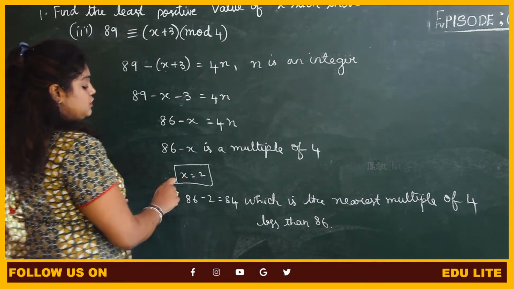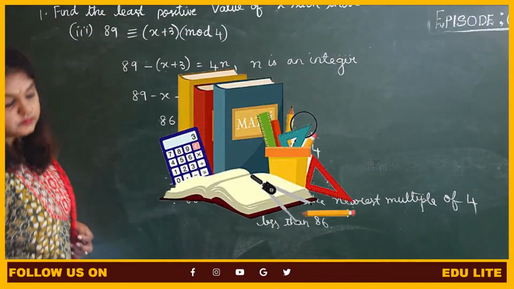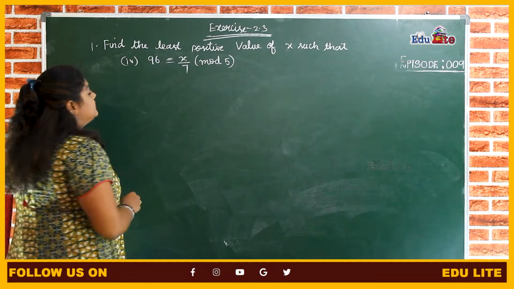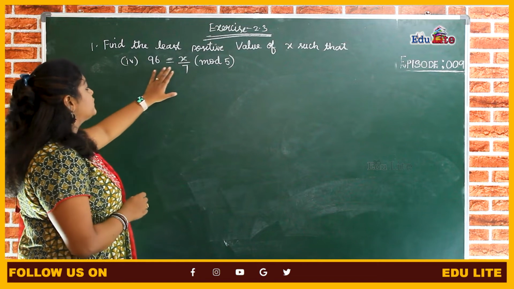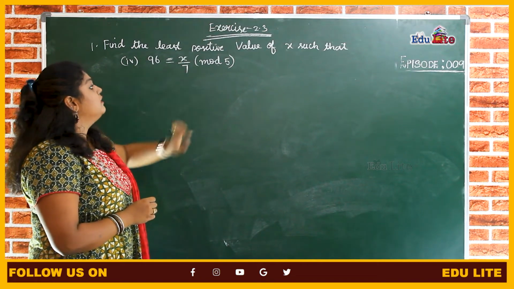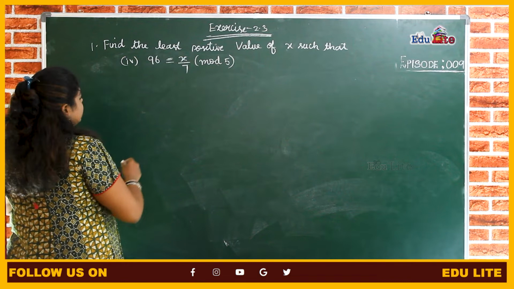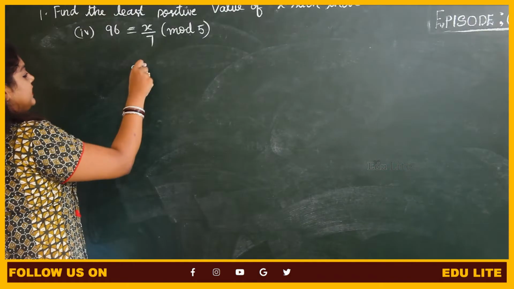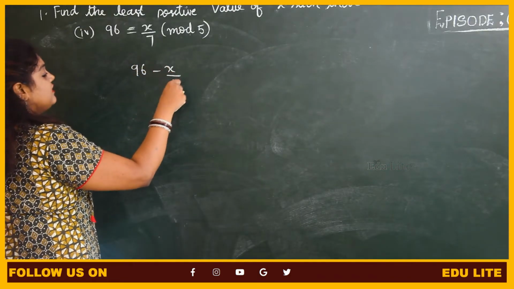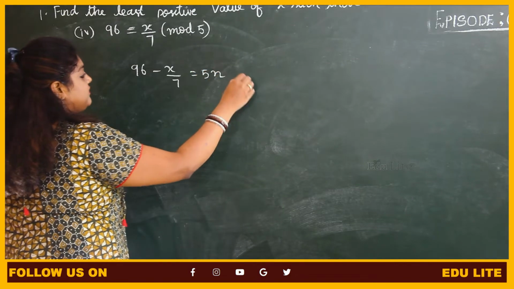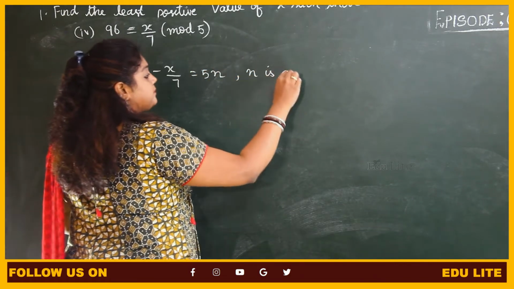The next subdivision is 96 is congruent to x by 7 mod 5. So let us rewrite this: 96 minus x by 7 equals 5n, where n is an integer.